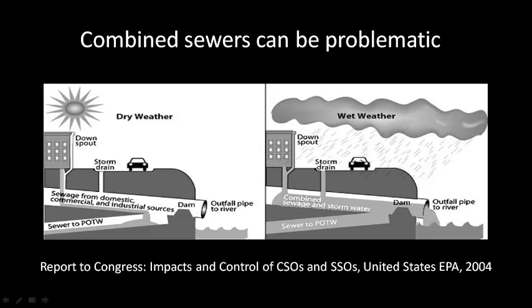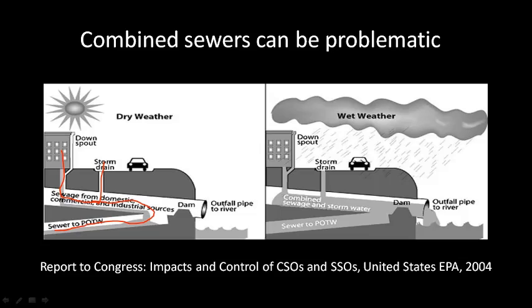So here we're looking at a situation where we have a combined sewer that collects wastewater from some sort of a business or a residential building, and then we also have a storm sewer that is combined with that sewer to form the combined sewer. And ideally, it just flows down through the sewer to the water treatment plant. The POTW is the publicly owned treatment works.